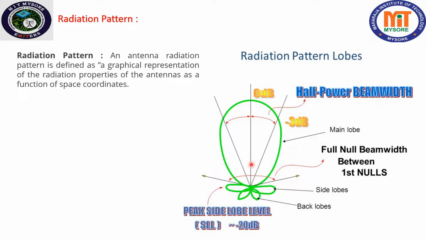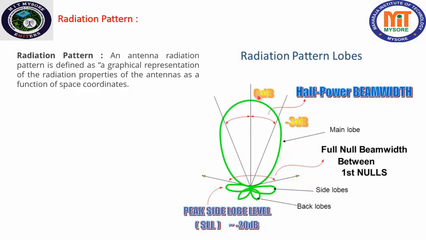So with this angle the power is being radiated or received, and it is maximum in this direction. Okay, and it is known as the main lobe. Likewise, we have side lobes which lie beside the main lobe and back lobes which are exactly opposite to the main lobe. And you can see that side lobe and back lobe power levels are very low as compared to the main lobe power.